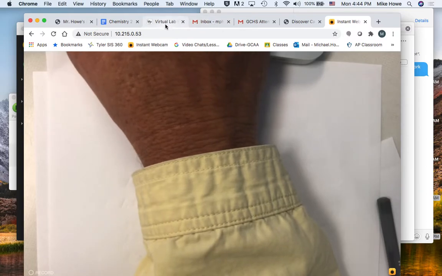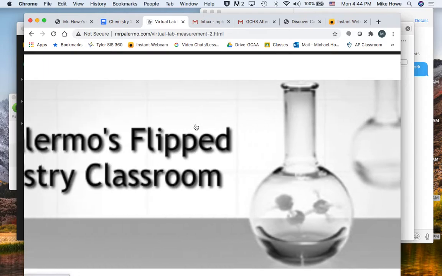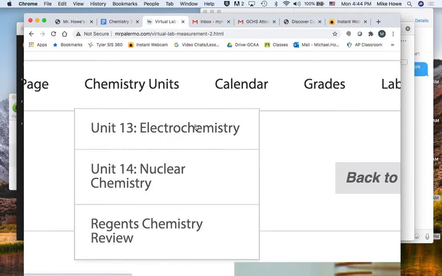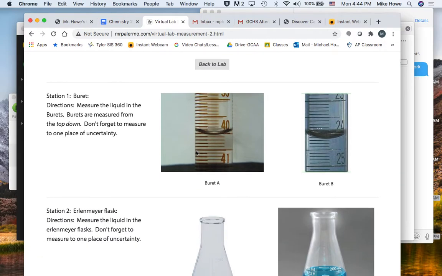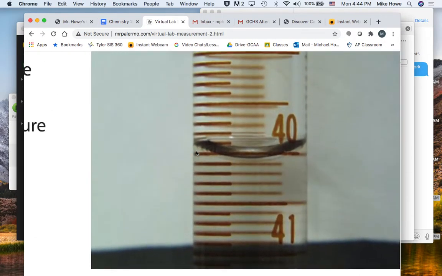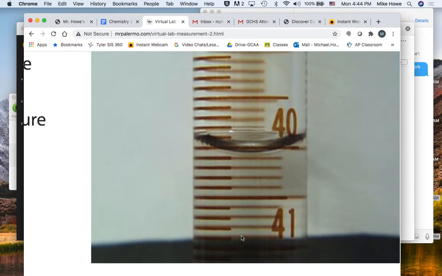So I'm going to go up to this little lab section here and talk to you about how to take readings in chemistry. So if you look at this burette, now burette you read from top down. See how that's 40 and that's 41 down here. So this line here is 40 and this is 40.1.